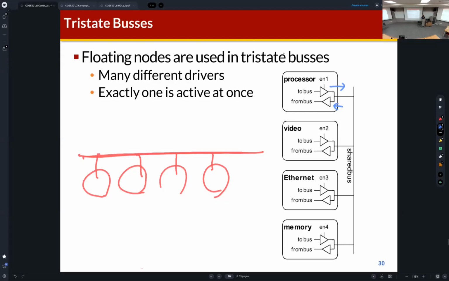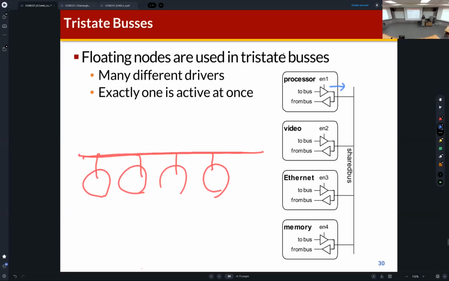These components receive signals from the shared bus. Which means that we can enable only one of these devices using a tri-state buffer.